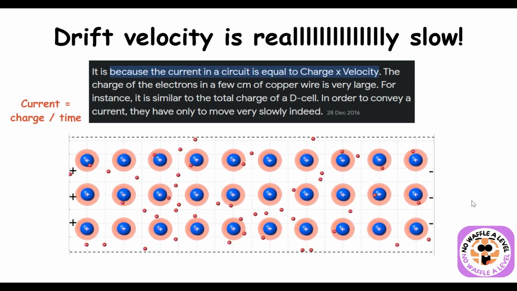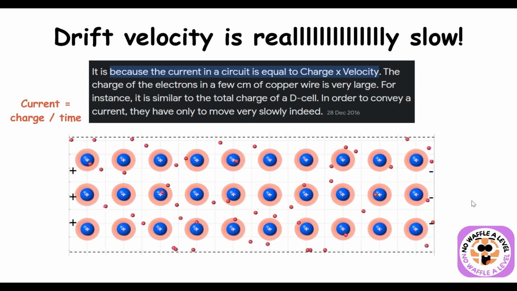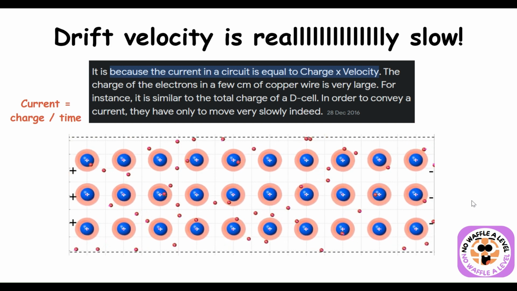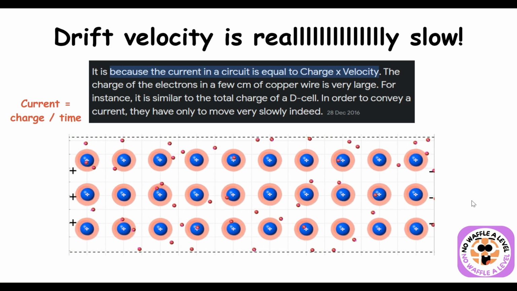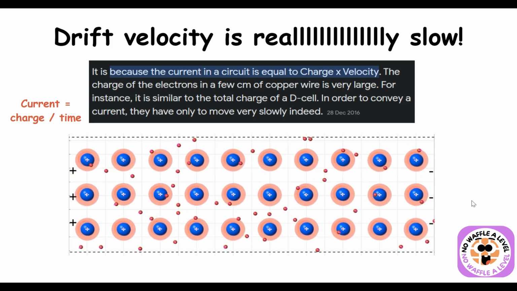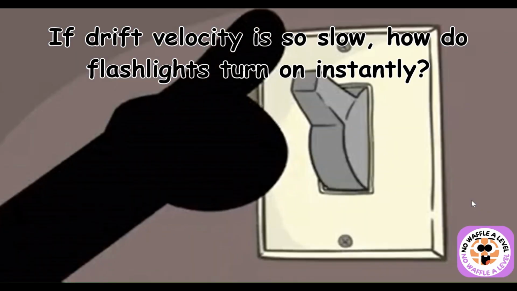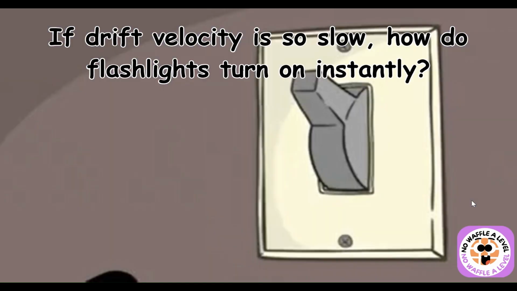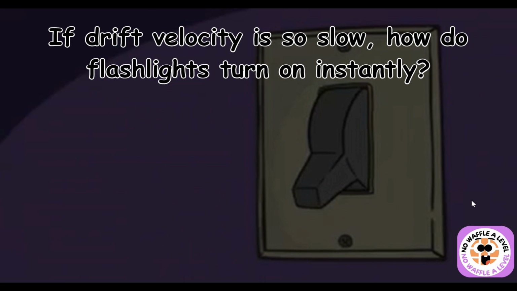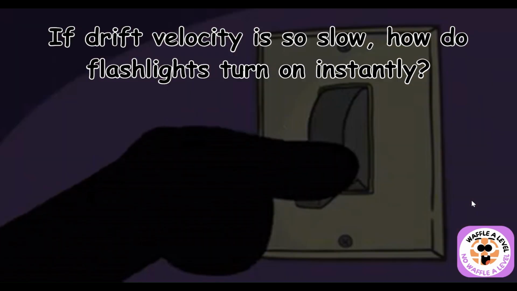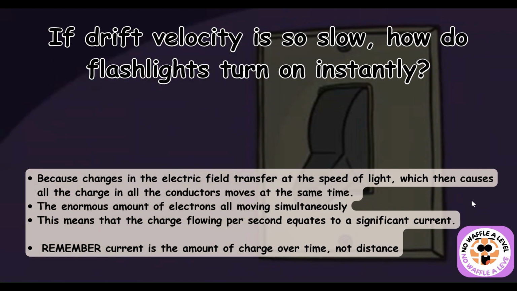It could take up to a year for electrons to move from the negative terminal to the positive terminal. That's how slow it is. But what current is talking about is the overall charge that's moving. So, if drift velocity is so slow, how do things like flashlights and light switches turn on so instantly? Well, it's similar to what we just said.